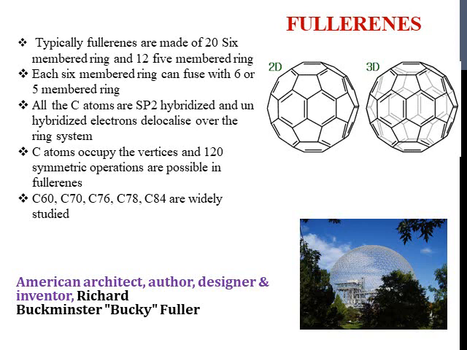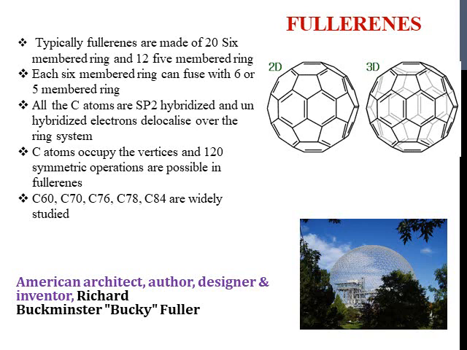Now, in all the carbon atoms, each carbon is connected to three other carbon atoms. All the carbon atoms are sp2 hybridized, and once the sp2 hybridization forms, there is a formation of pi electrons, and these unhybridized pz pi electrons will delocalize over the ring system.